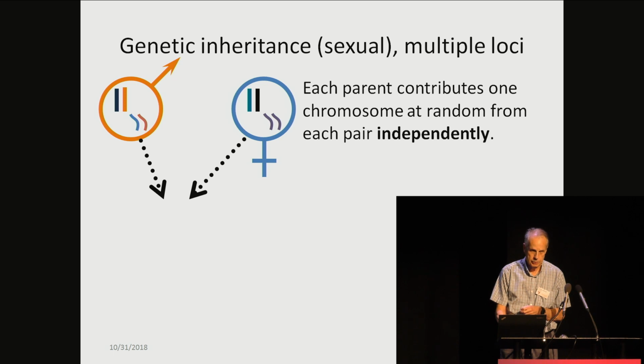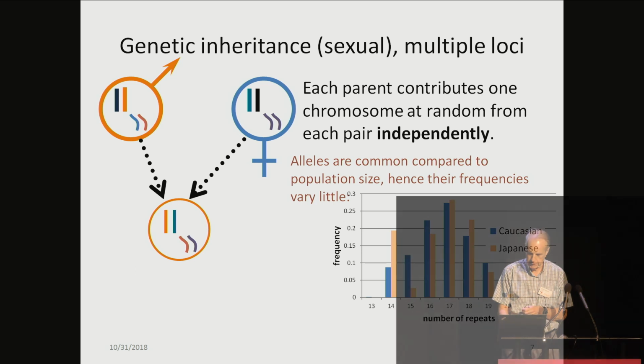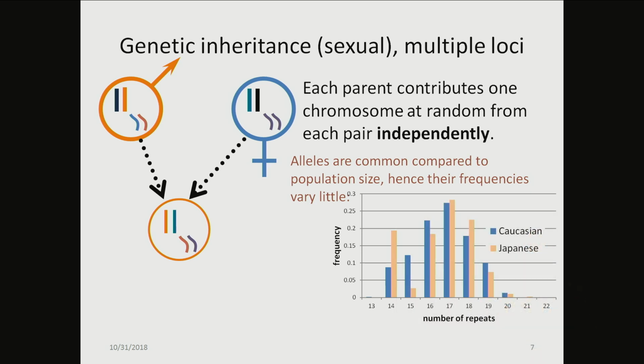Then if we look at 2 different pairs among the 22 pairs in the nucleus, then we get more possibilities for the child. And the reason I show you 2 of them is to talk about the mixing. Again, I'm reviewing the autosomal case here.